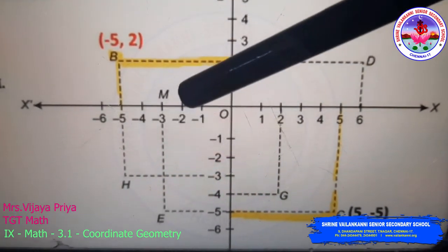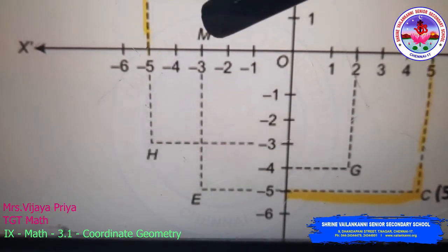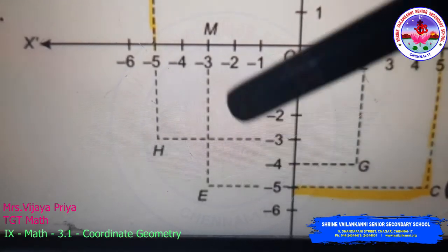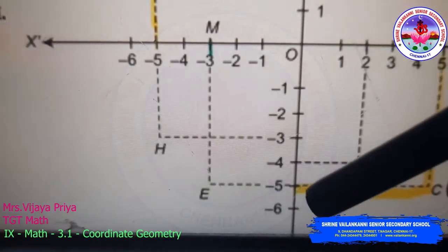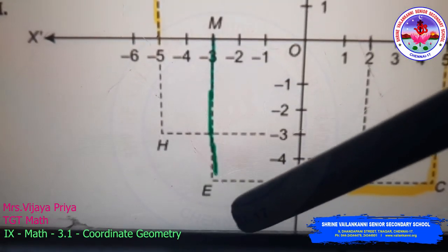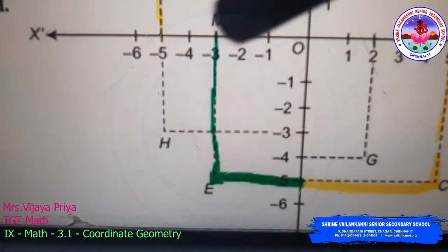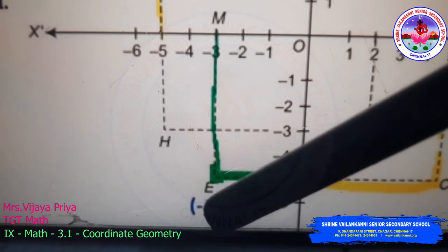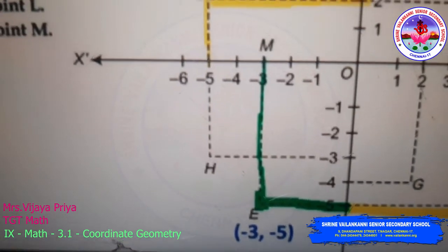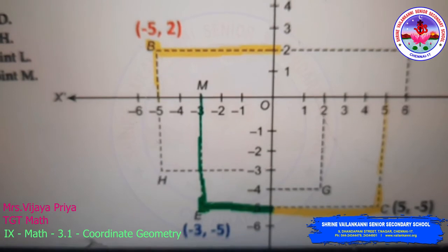Going to the negative x-axis, -3, and the y-axis, -5, these two intersect at the point E. So the third subdivision answer is E. Now coming to the fourth one, the point identified by the coordinates 2, -4.